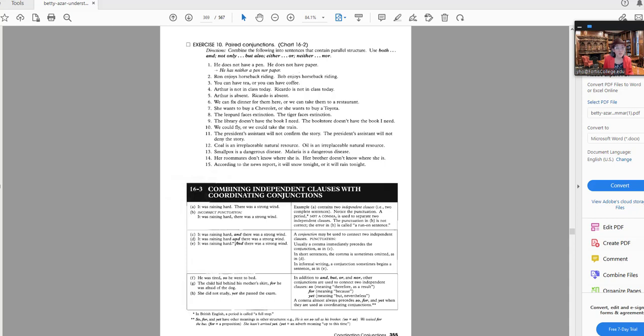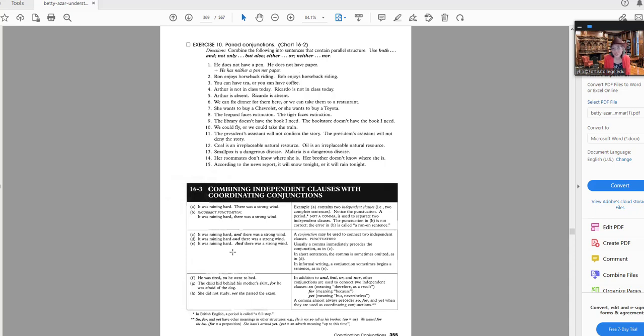So I always tell my students, you always need a comma before your coordinating conjunction. And if you're going to write very informally, then you use and. It was raining hard. And there was a strong wind. But normally, I tell students to avoid using the informal and at the beginning of a sentence. It's better to have a transition word of addition. So I would say, it was raining hard.